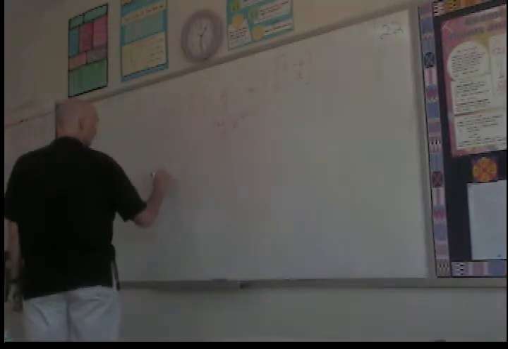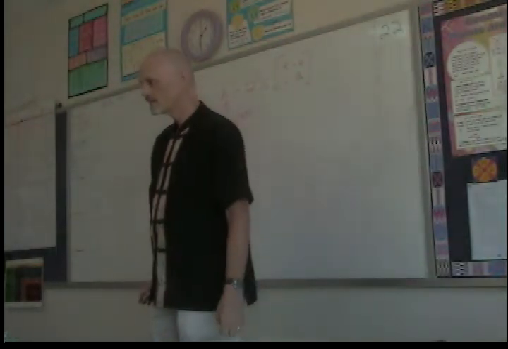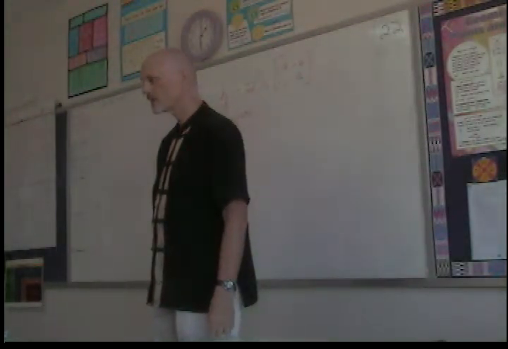Okay, so now we have P. Let's look at P: 3, 1, 5, 2. The first thing we do, Sarah, is what? Multiplying the diagonal. Finding what? The determinant.